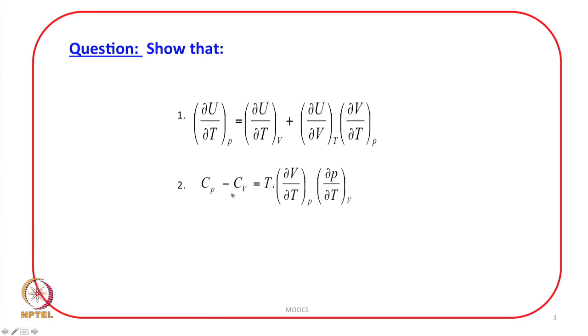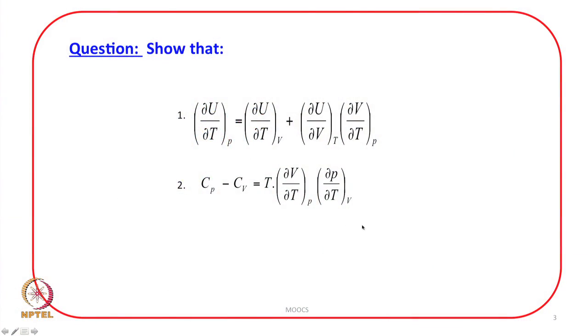Look at question number 2 in the slide: Cp minus Cv is equal to T into dV/dT at constant pressure, dP/dT at constant volume. So, we have proved that this relation holds true. Please remember again that the equation we have derived is not just applicable to an ideal gas, it is applicable to all systems.